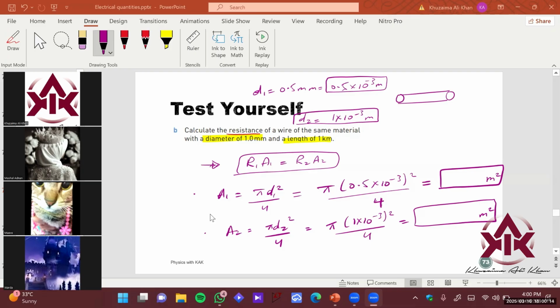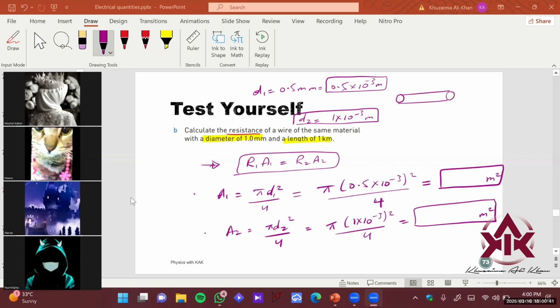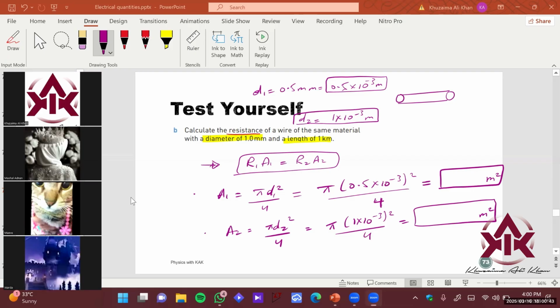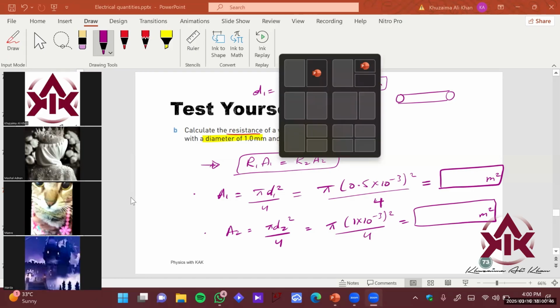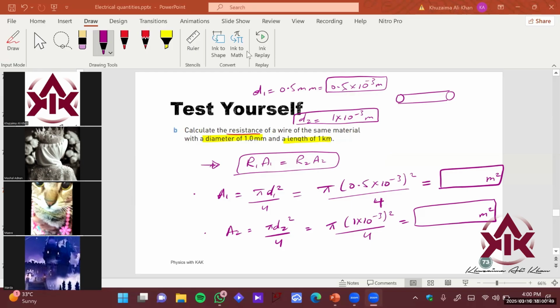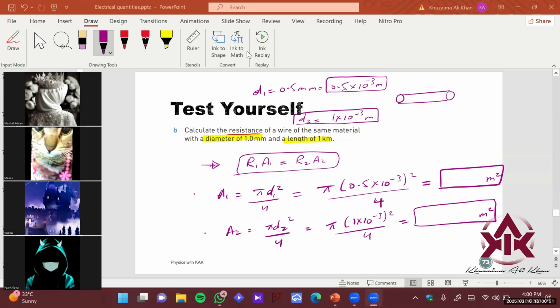Let me do the mathematics in my head, since I believe you don't have a calculator at your ends also. Anyone who has got the values till now? No one? Mushal and May, don't you have a calculator at your end right now? Hello, guys, am I audible?